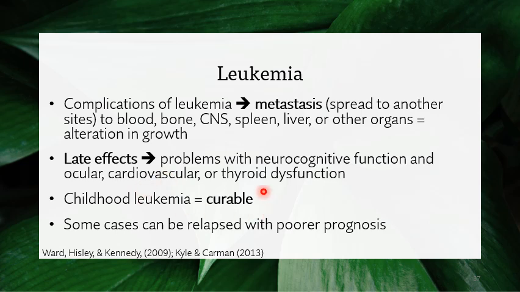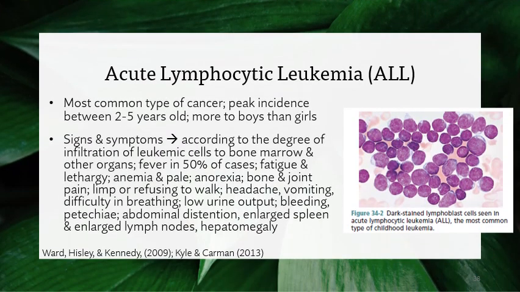But as you know, this type of cancer, leukemia, is actually curable. It can relapse in some cases, with a poorer prognosis, but you can still cure leukemia, also with bone marrow transplant. So the types of leukemia: we have ALL, or acute lymphocytic leukemia.